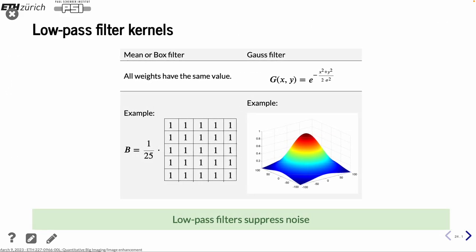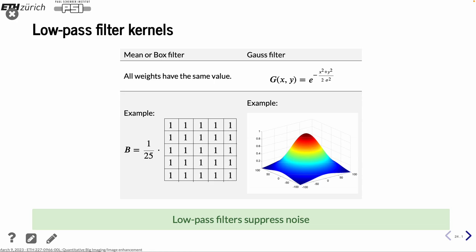Looking at some filter kernels, there are some classic kernels that are used a lot in image processing. The first one is very simple, the mean or box filter, also called uniform filter. It has many names because it's so popular and comes in different applications.